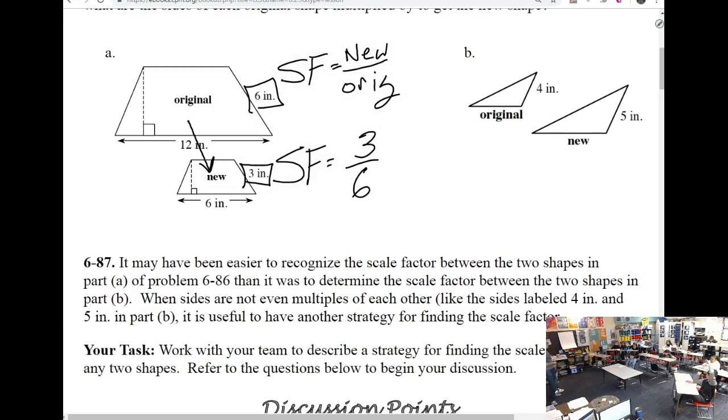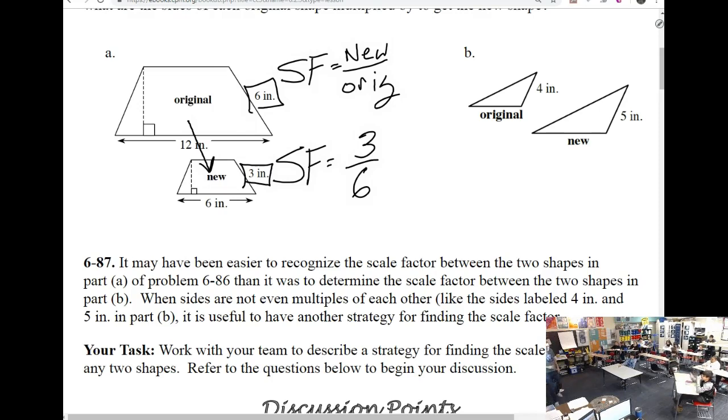It is 1/2. We got smaller, guys. So if you said 2, it's okay. If we go the other direction, it's 2. But right now, we're going from the original to the new. Remember, you're thinking of what multiplier do we use? How do I multiply to make my new shapes?